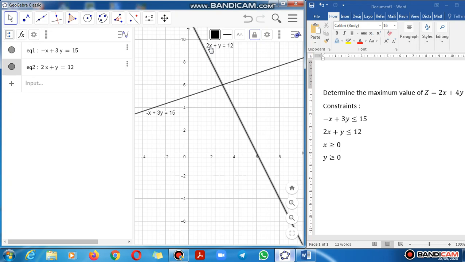Then, to determine the visible area, input all the inequalities that we have.